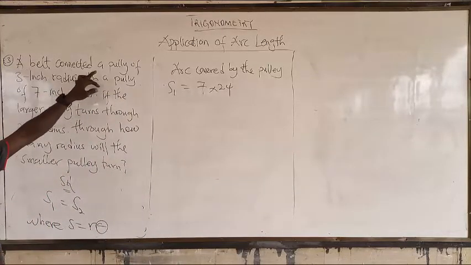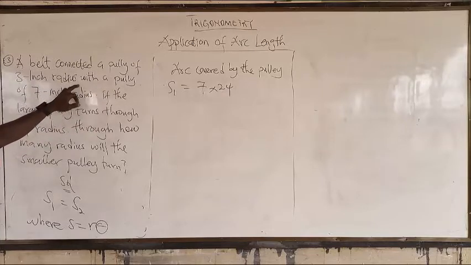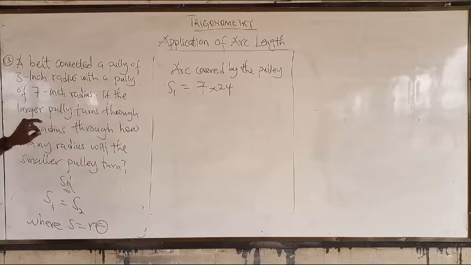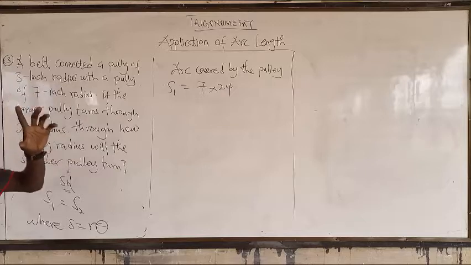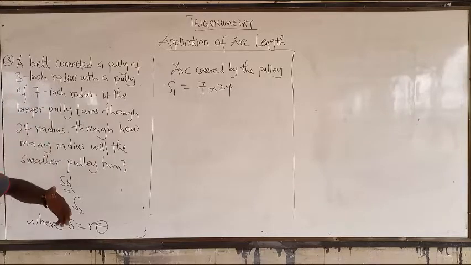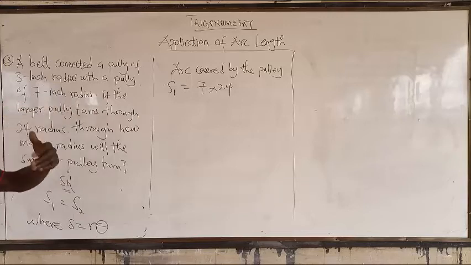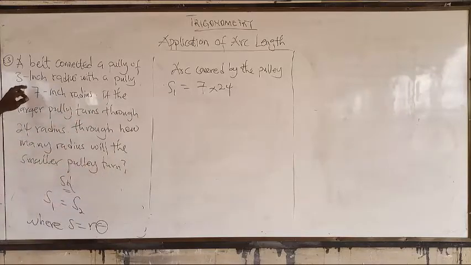A belt connected a pulley of 3 inches radius with a pulley of 7 inches radius. If the larger pulley turns through 24 radians, the larger pulley goes with the larger radius, and the smaller pulley goes with the smaller radius.